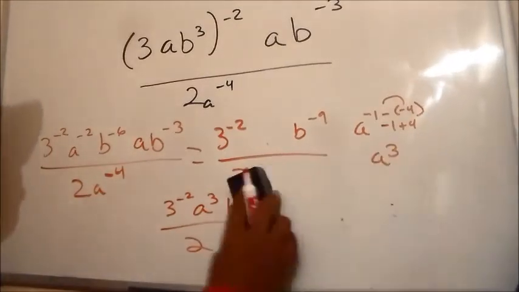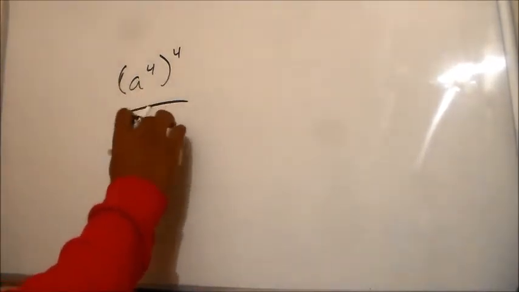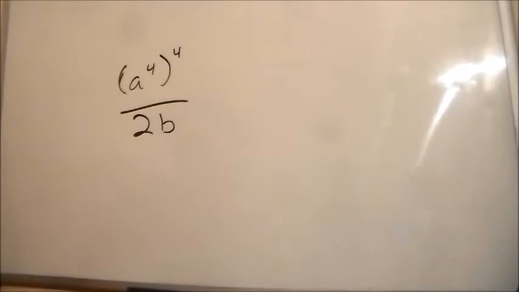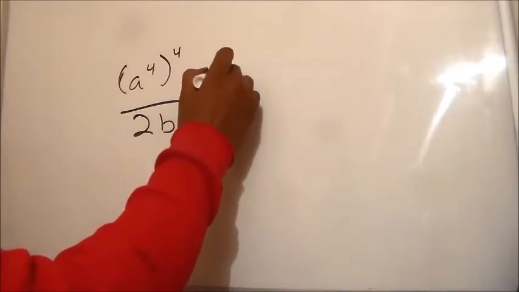You know what? Let's just do one real quick. It's really not that bad. What you guys think? I do like tackling big ones, but let's just say we have A to the fourth over 2B, all to the fourth. Not too bad, right? I really want a negative one, but I'll just use this one.